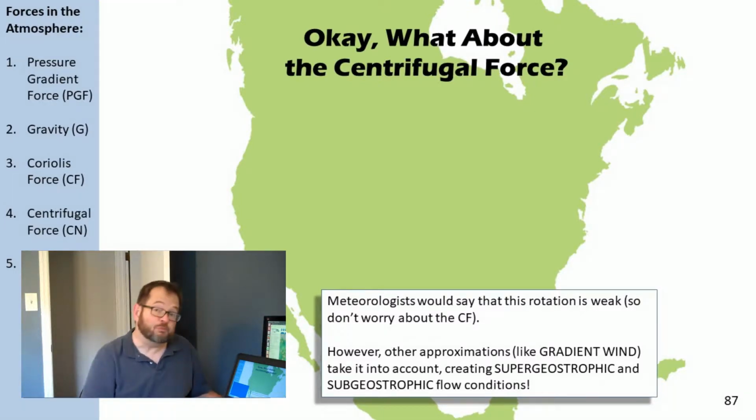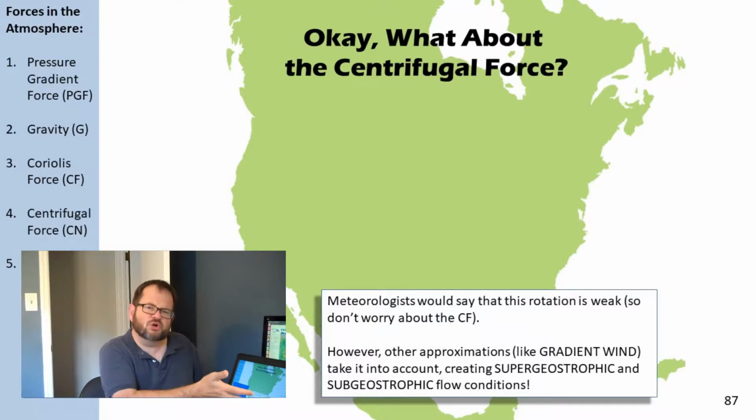They can either be supergeostrophic, as in super as in beyond, so they are faster than geostrophic, or you can get subgeostrophic winds, sub as in below or less than, where they are slower than geostrophic. The winds are still acting like geostrophic winds in that they are parallel to isobars and all that kind of stuff, but they are faster than you would think they would be, or they are slower than you would think they would be.